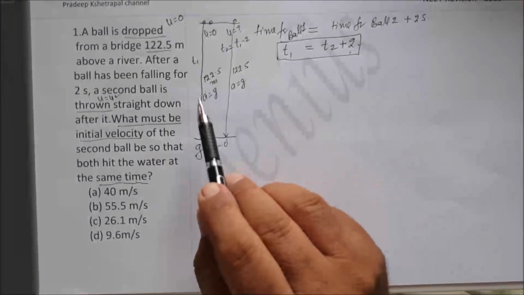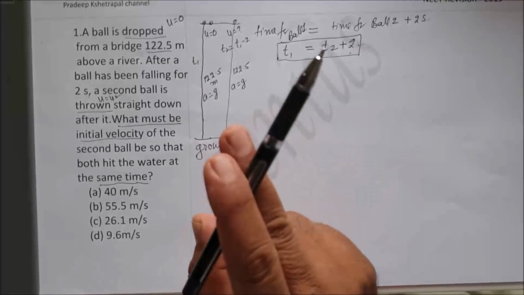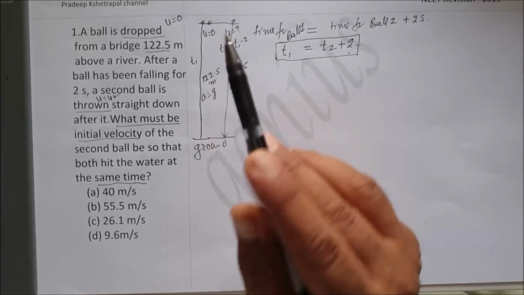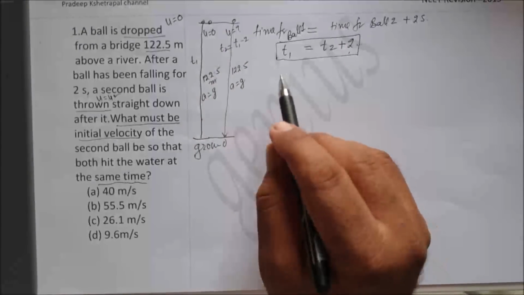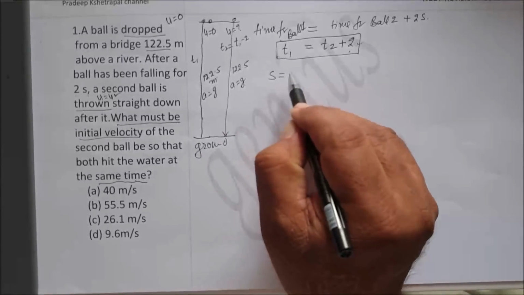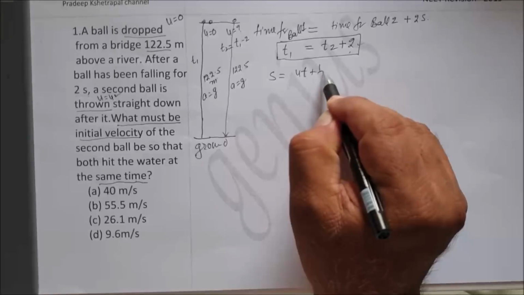So what is the time T1? What is the time T2? Do we have the equations with relation to S? So S and T, we have the relation number 2, and that gives us S is equal to ut plus half at square.